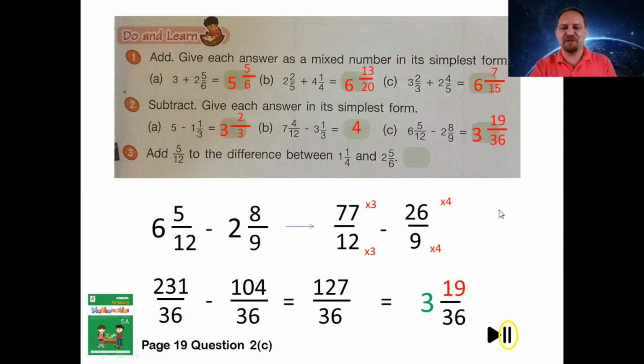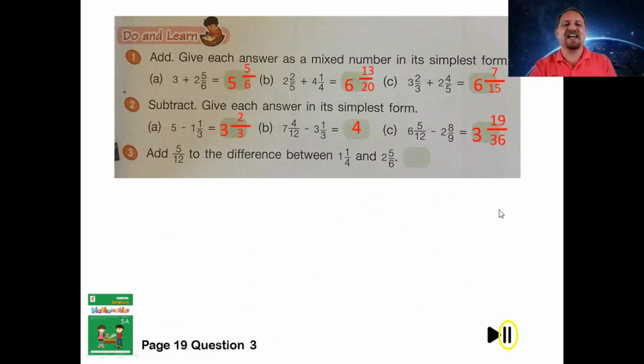Okay, and our last question together today is a little bit more tricky because it's a little bit like a word problem, isn't it? And it says, add 5 over 12 to the difference between 1 and 1 over 4 and 2 and 5 over 6. So we must use 2 steps now. Okay, the difference, what is the difference? We can find the difference using subtraction.